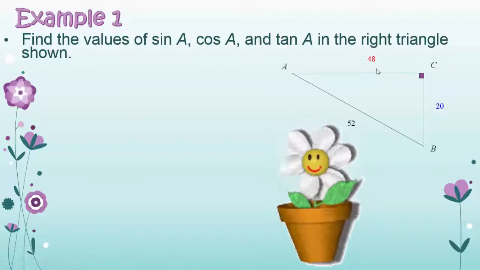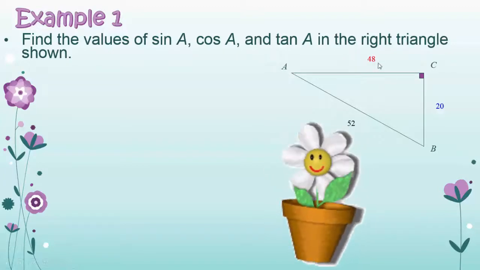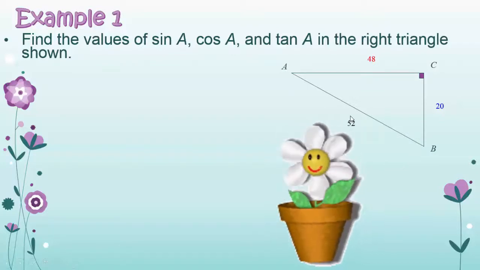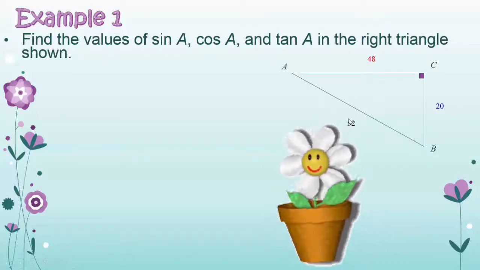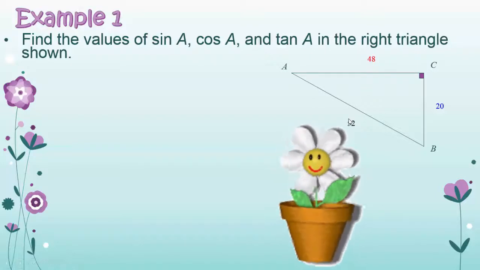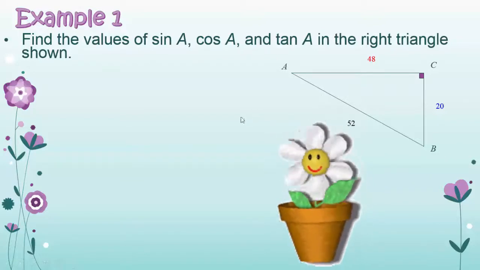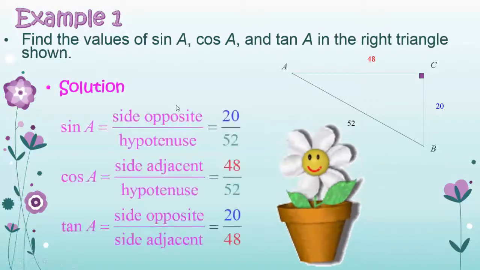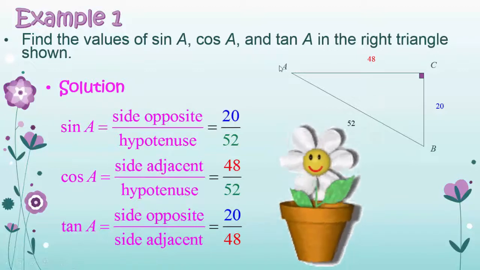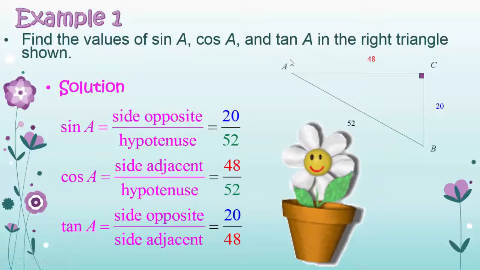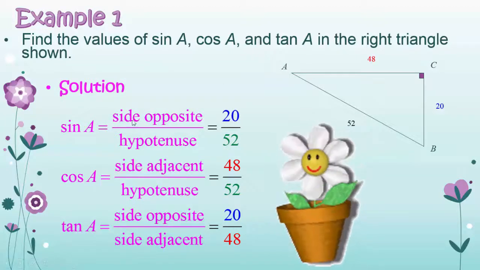Here we have our sides, our legs: one is 48, another leg is 20, and our hypotenuse is 52.